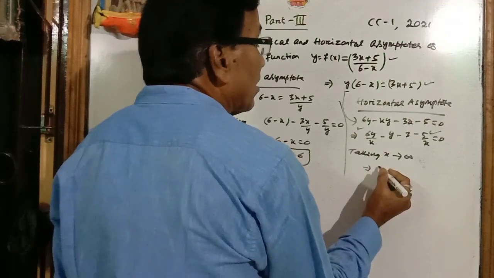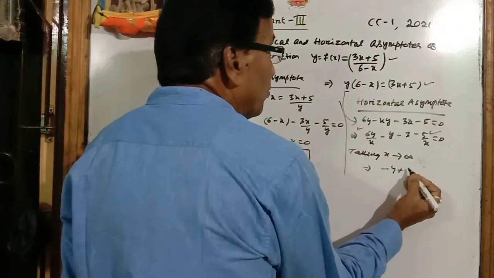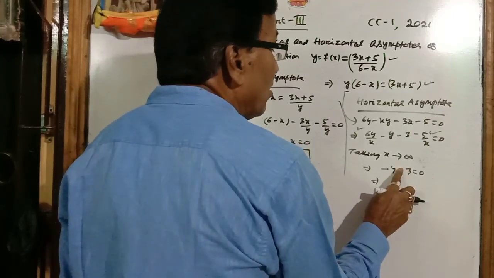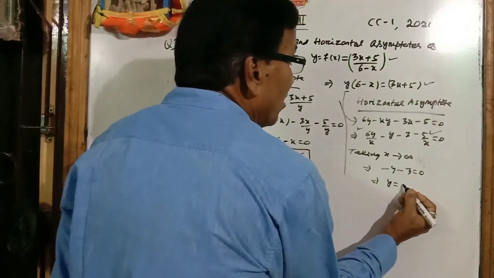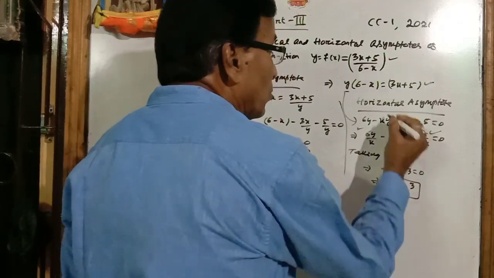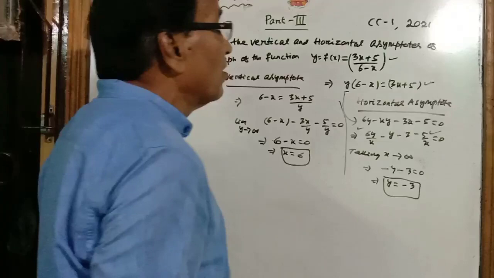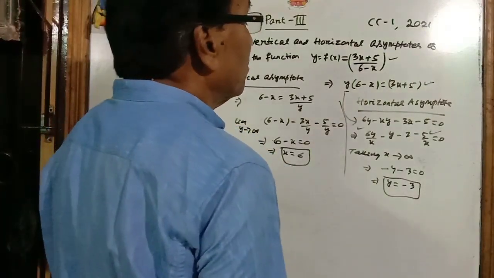So we are getting minus y minus 3 is equal to 0. So y is equal to minus 3. So the horizontal asymptote is y is equal to minus 3.